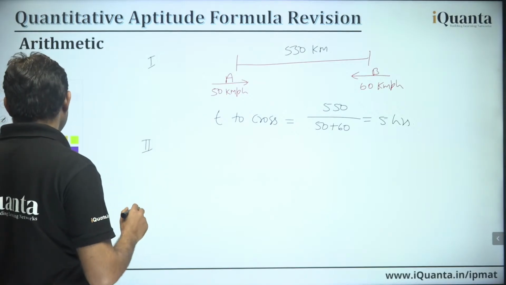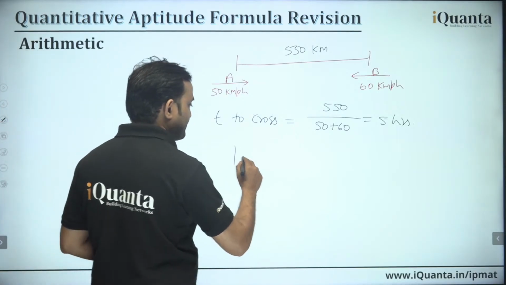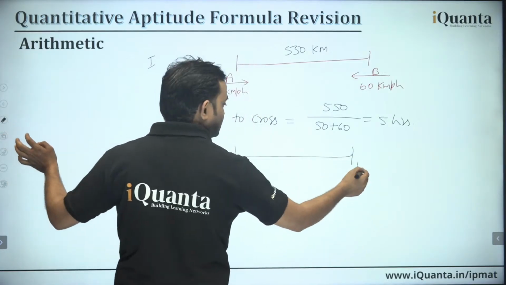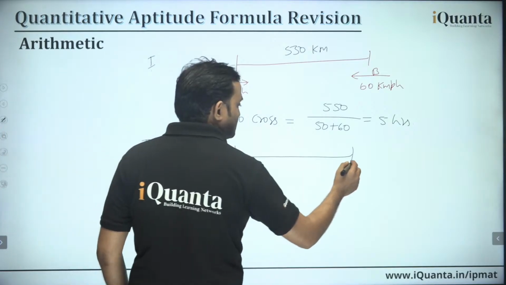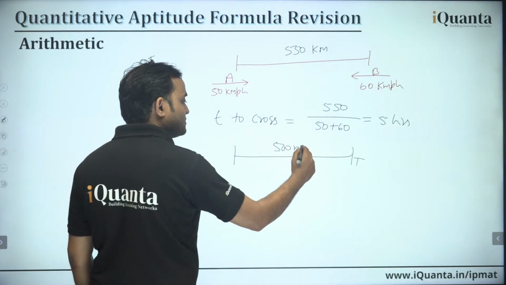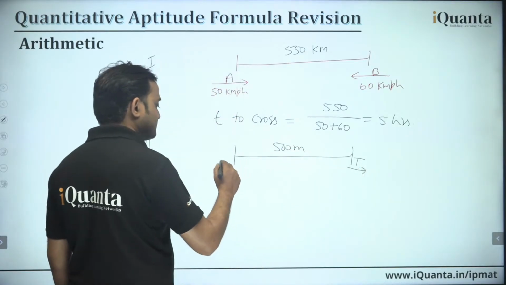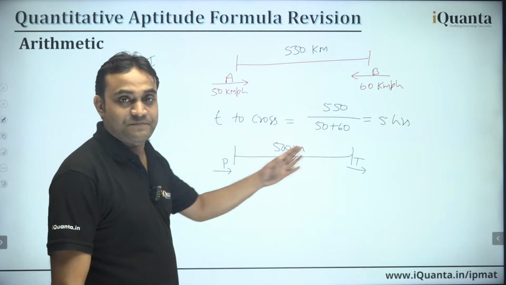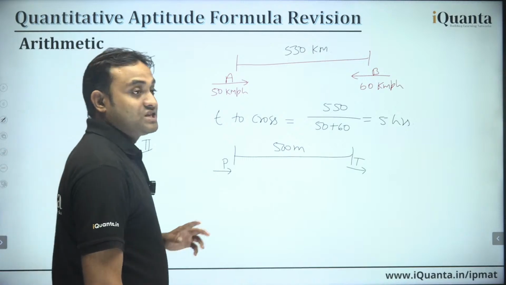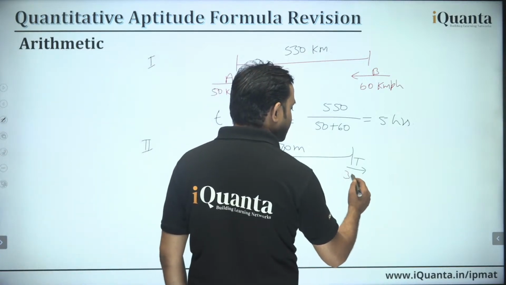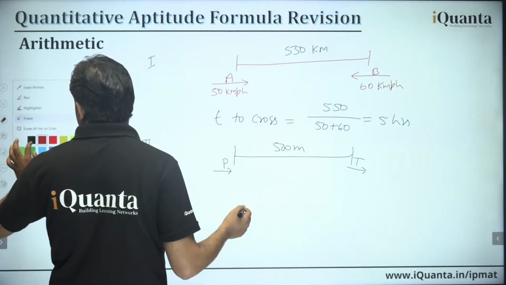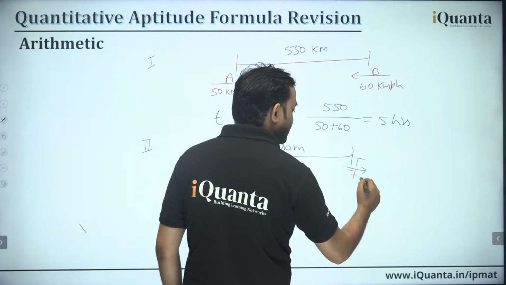Now, a similar situation arises when we are talking about the same direction. Let's say there is a thief, and this thief is 500 meter away from a police. The thief is running with, let's say, 30 meter per second, or 30 meter per second is very high, so let's take something smaller, like 7 meter per second.